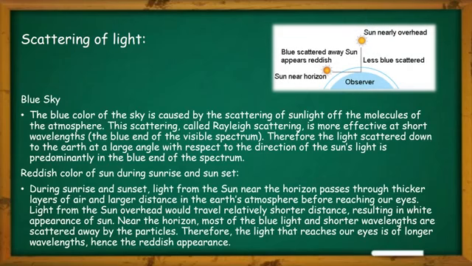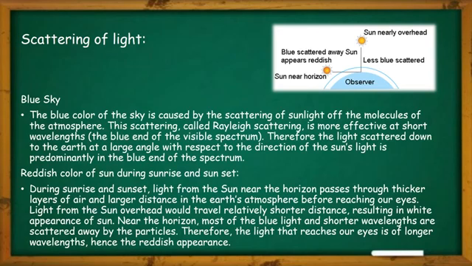Then the reddish color of the sun during sunrise and sunset also happens due to atmospheric scattering. During sunrise and sunset, light from the sun near the horizon passes through a thicker layer of air and travels a larger distance in the atmosphere before reaching our eyes.